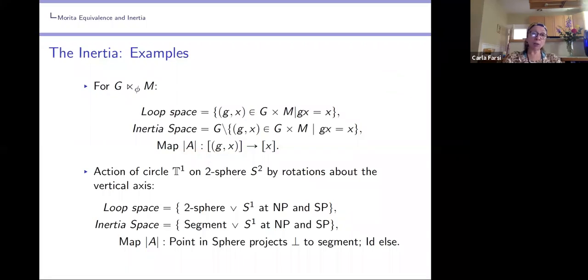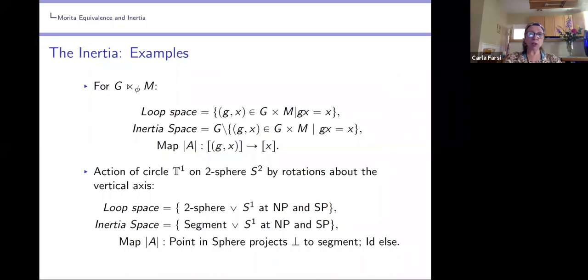And then the inertia space will be that loop space modulo the action of the group. On the S1, the action is by the adjoint action, so it doesn't do anything because it's abelian. On the sphere, the action brings things around horizontally, so the quotient is a segment.